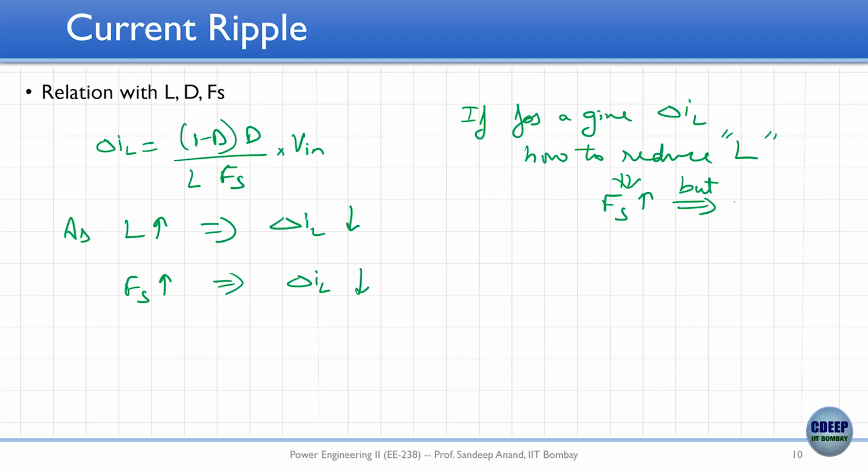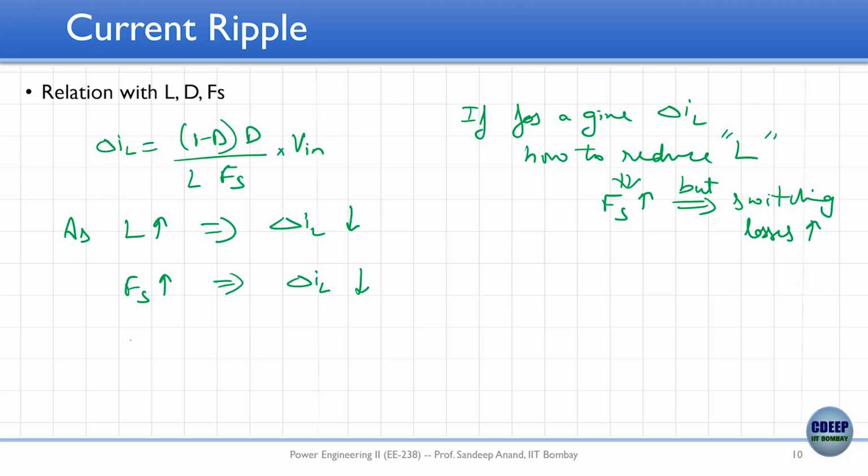We have not gone into exactly what switching loss is, which we will probably do a little bit later, but the switching losses become more. So it's basically a trade-off. But yes, ideally, given an option, I would like to keep my switching frequency as high as possible. Sometime later, if time allows in this course, otherwise in some advanced course, you would learn what the different types of losses are and why they occur.